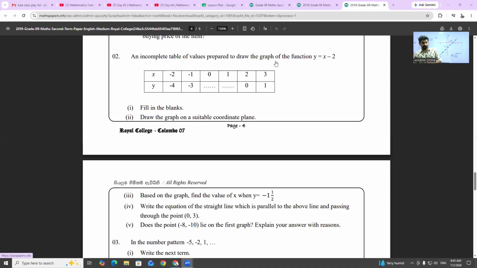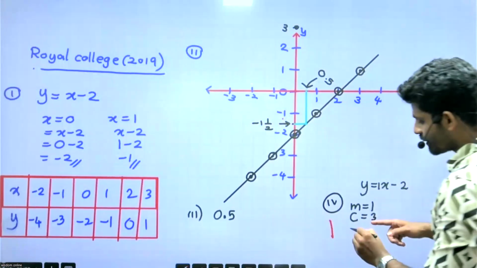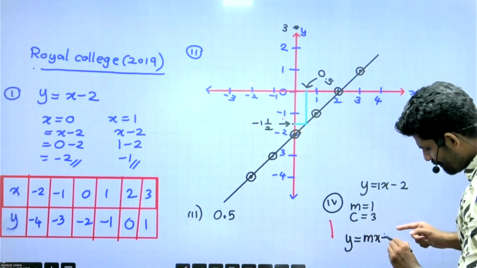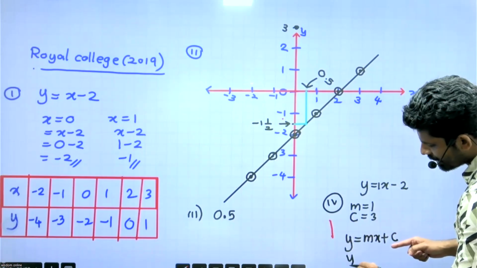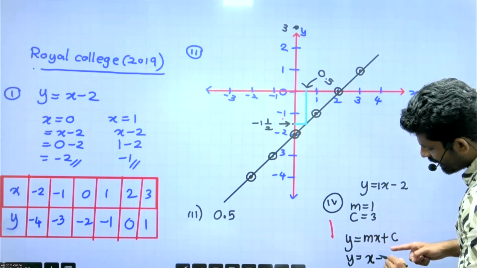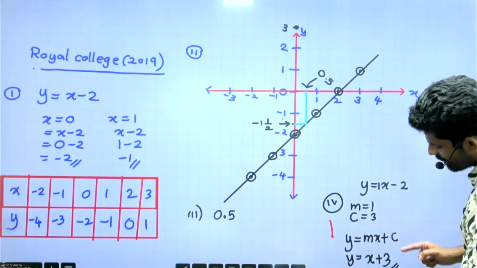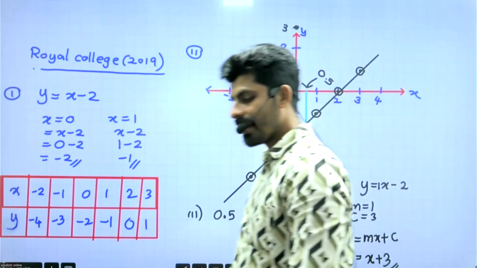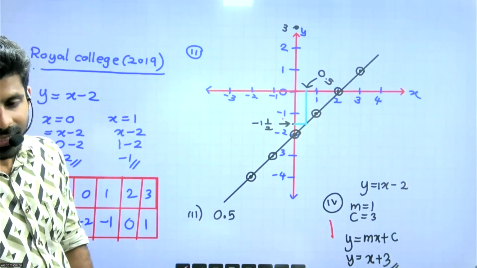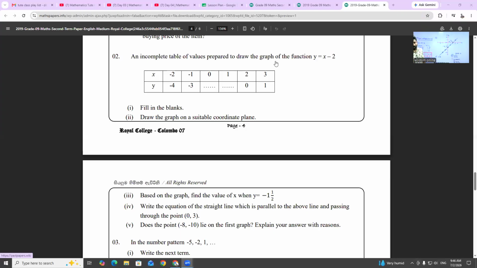Then what is the equation of the graph? Y equals mx plus c is the general equation. M is 1, so the equation is y equals x plus 3. Let's quickly move to the next one.